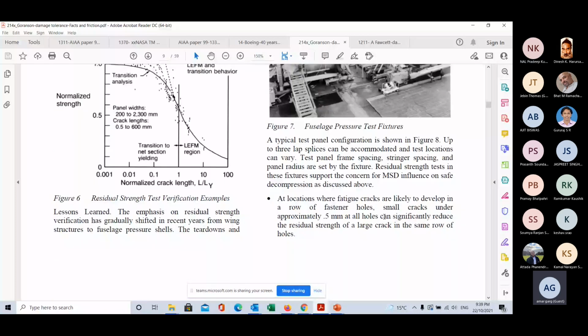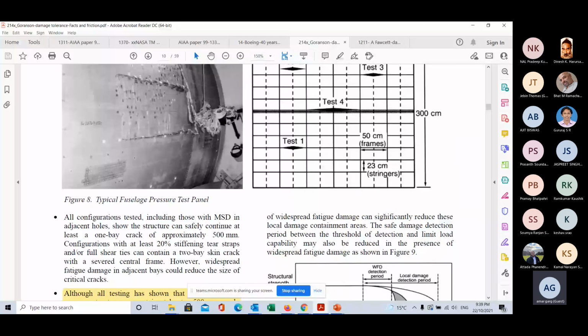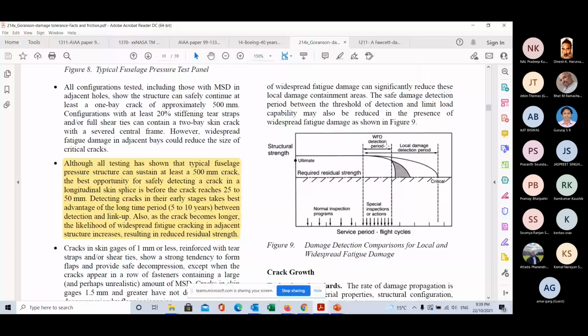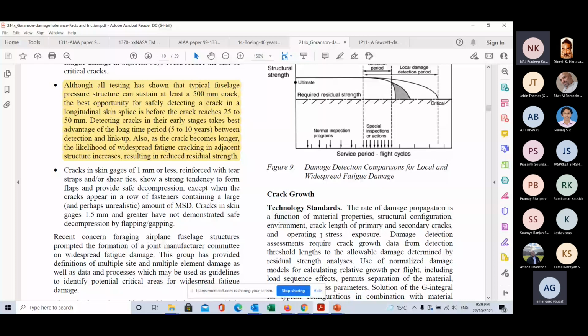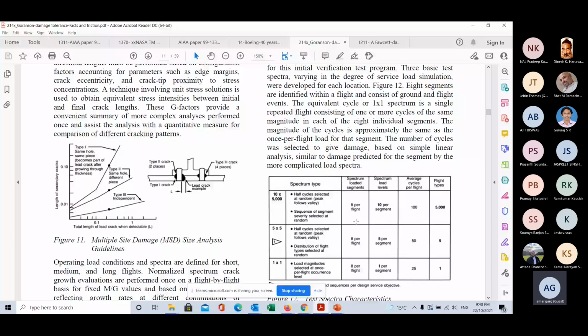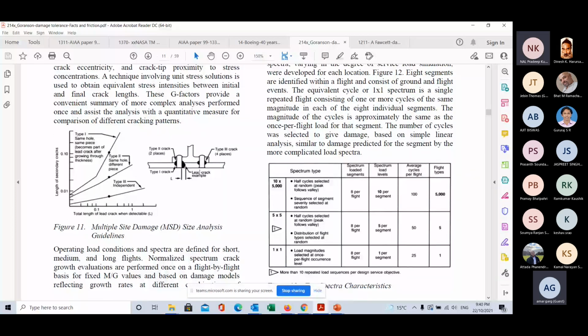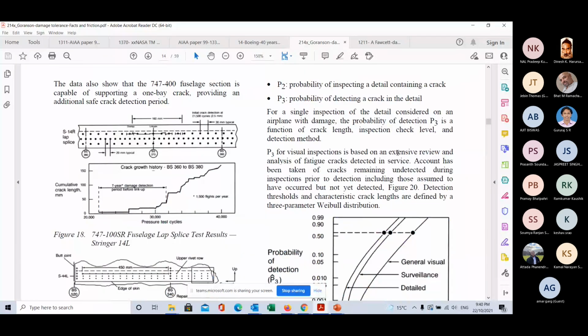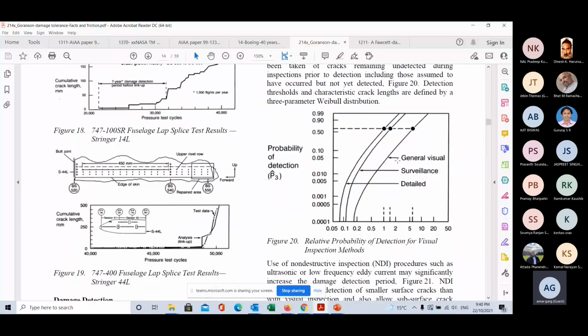What I will show you is this slide, like structural strength, WFD, detection period, local damage, crack growth, technology standard. Now some details show how the crack detection is done. There are further pictures showing. Inspection criteria, we use the damage tolerance rating, in fact, DTR.